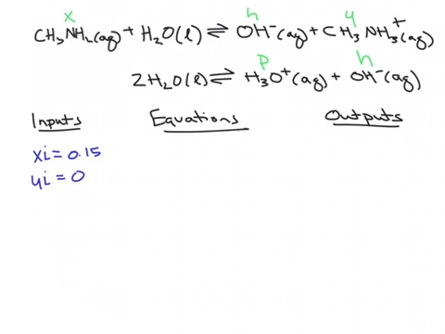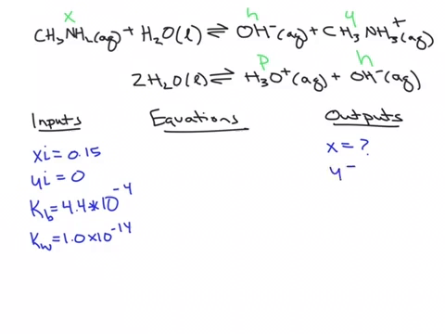Again, we're not going to write down anything for HI or PI. The problem tells us that Kb is equal to 4.4 times 10 to the minus 4, and as always we know that Kw is equal to 1.0 times 10 to the minus 14th. For our outputs, we're going to want to know what X is, Y, and P and H.